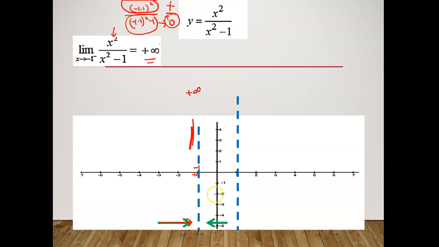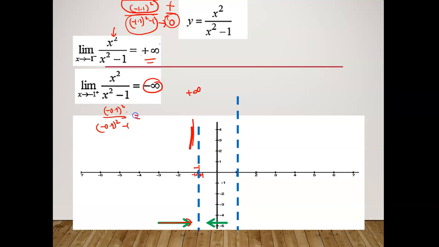Now we look at approaching negative 1 from the right-hand side. How do we get negative infinity? Same thing. Let's choose a number near negative 1, say negative 0.9. Negative 0.9 squared over negative 0.9 squared minus 1.